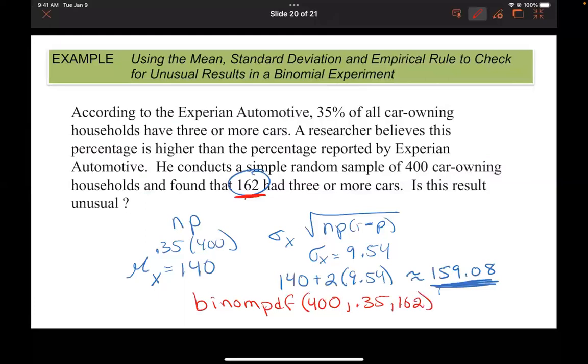I'm going to use my calculator for that. 400, 0.35, 162. I got approximately 0.003. Since that number is less than 5%, this is unusual.